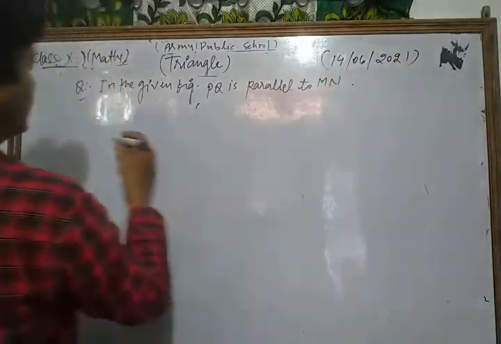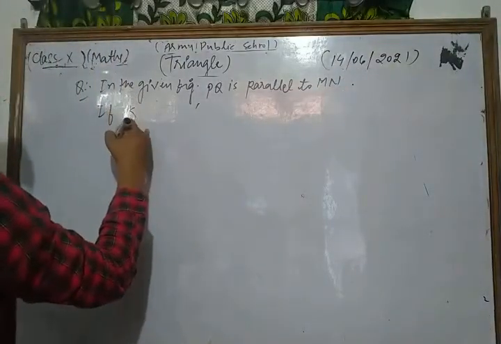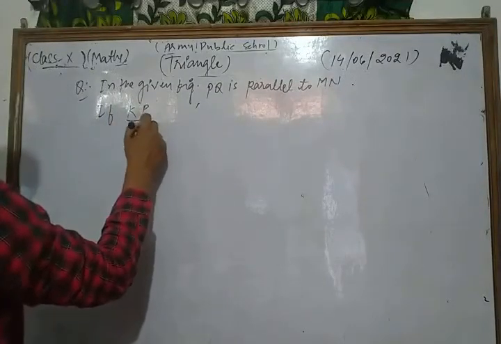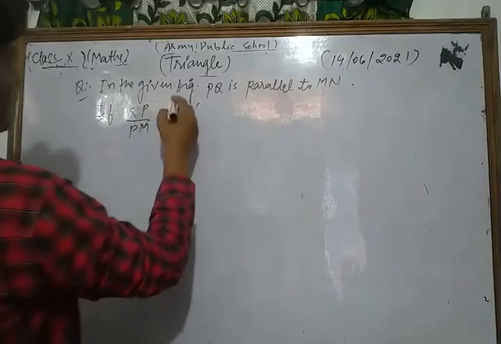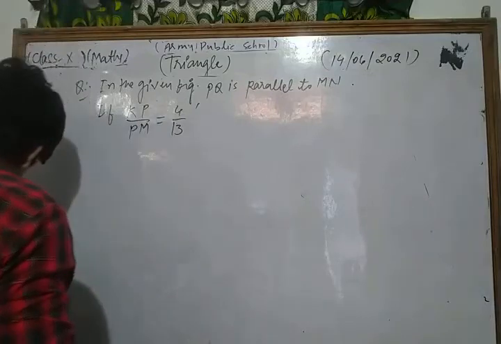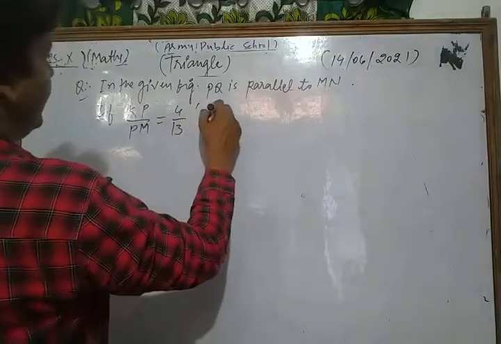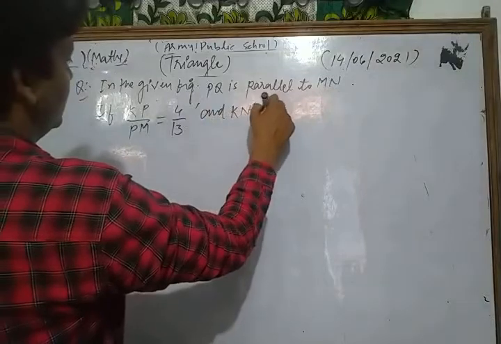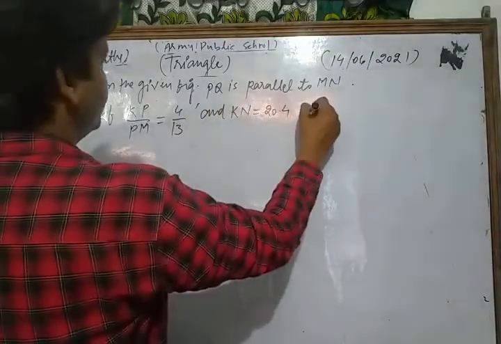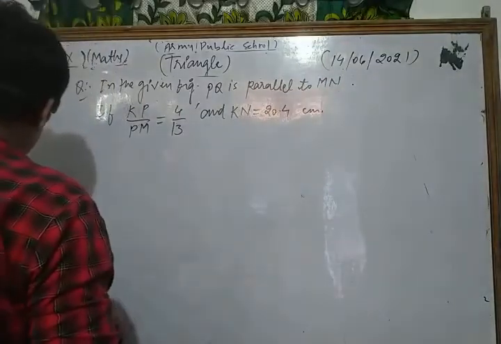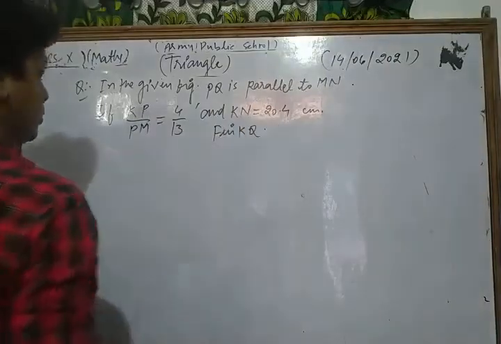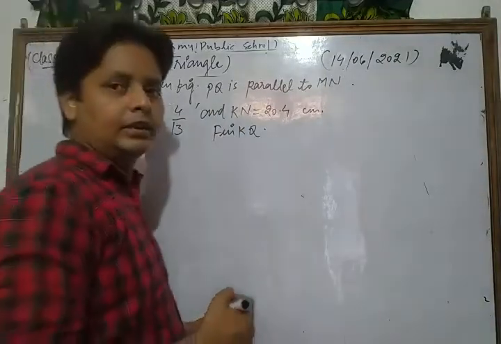If KP upon PM is equal to 4 upon 13 and KN is equal to 20.4 centimeter, find KQ.